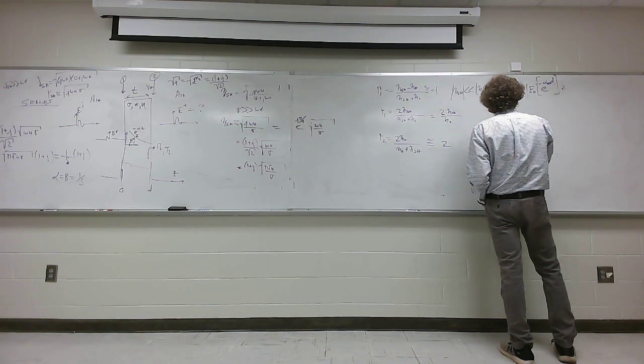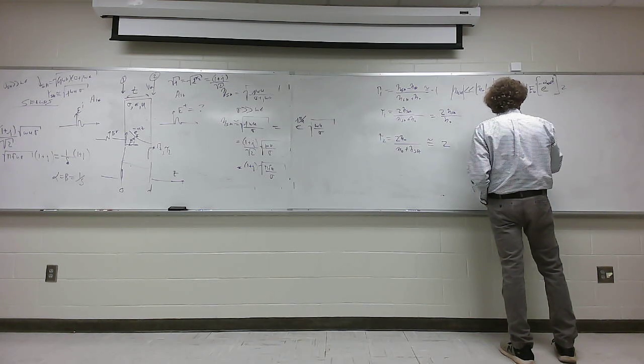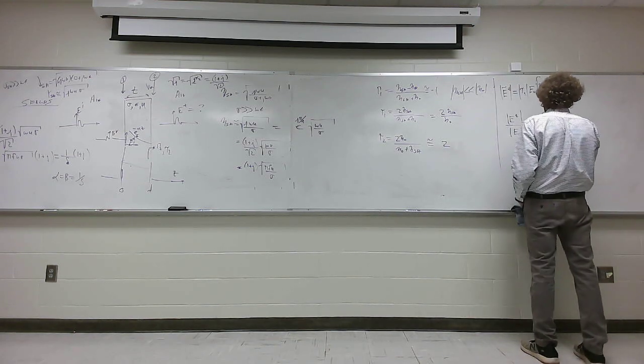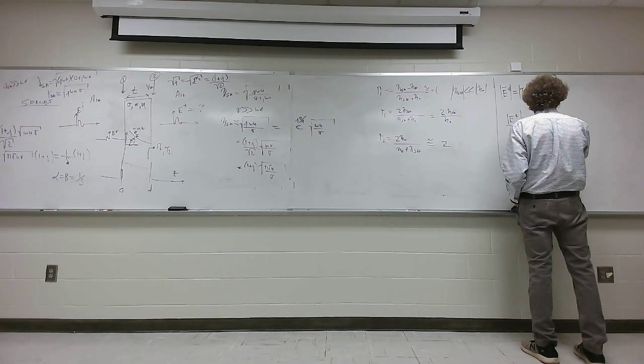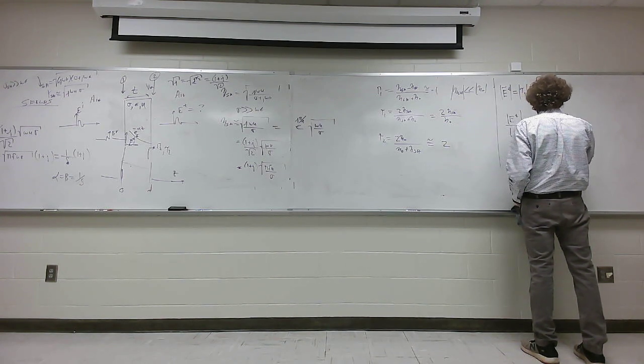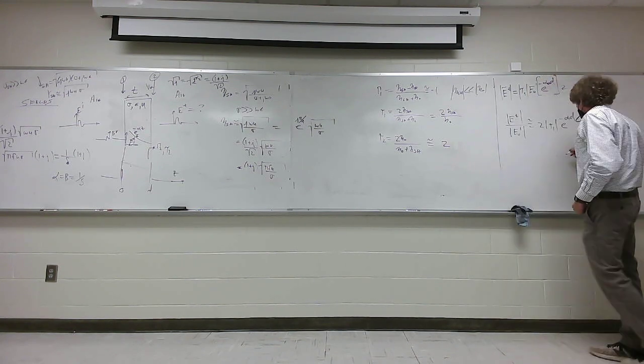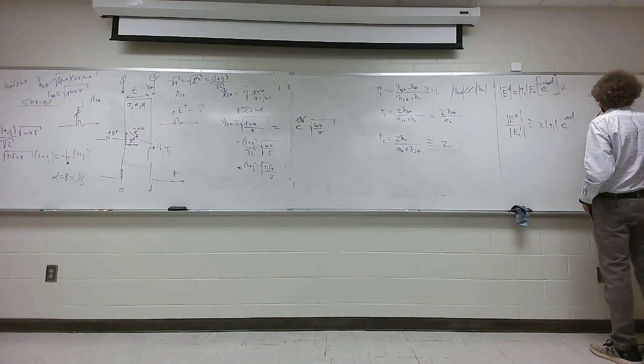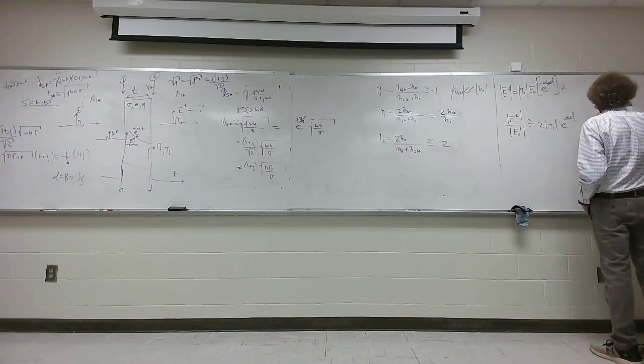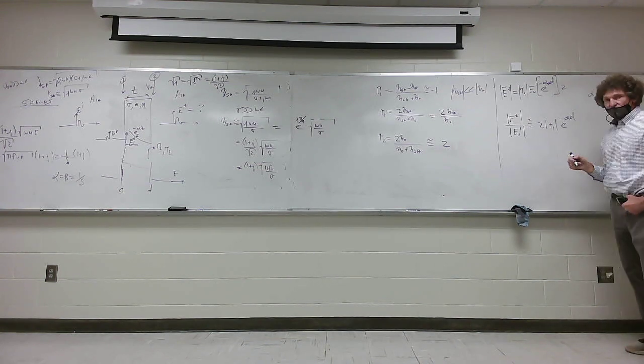So if we look at the ratio of transmitted field to incident field, we see that it's approximately 2 times the magnitude of transmission coefficient 1 times e to the minus alpha d. And here, alpha is just equal to the square root of pi f mu sigma. And that's always the truth. That's about what it is.